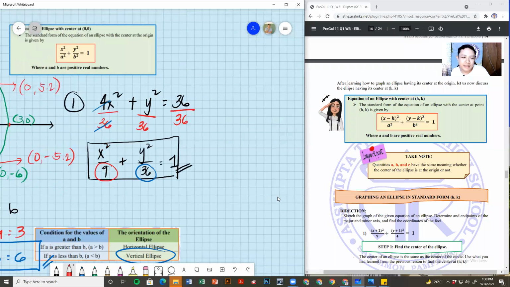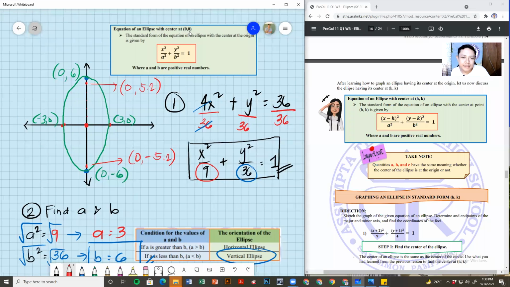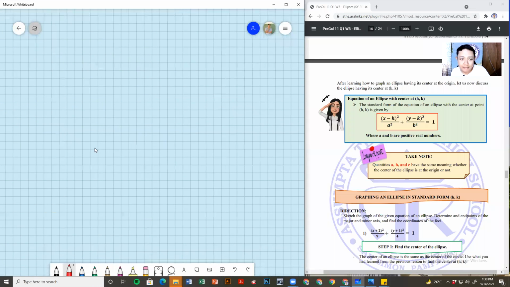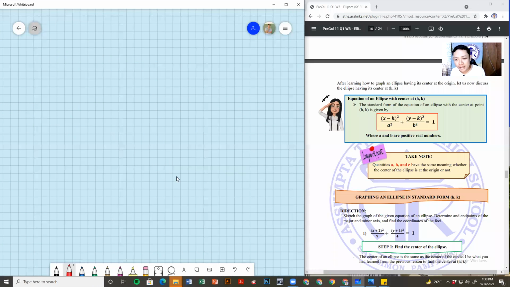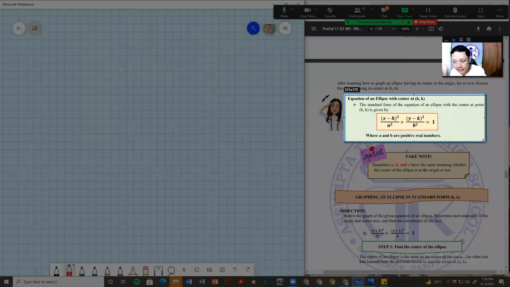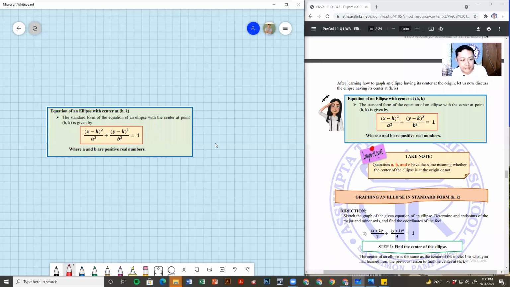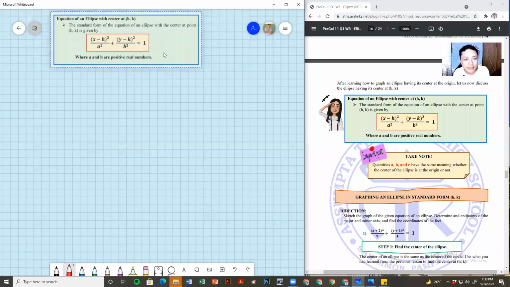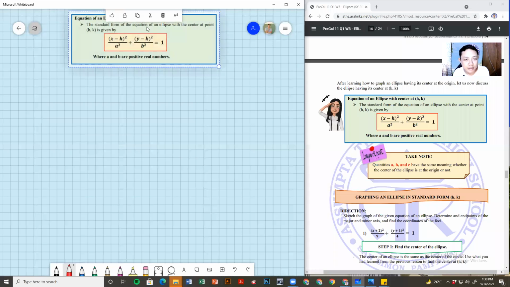If in this example, we have our center at the origin, in our next example naman, our center will not be anymore at the origin, but it's any point in our Cartesian plane. Okay, and this is the formula that we will be using.